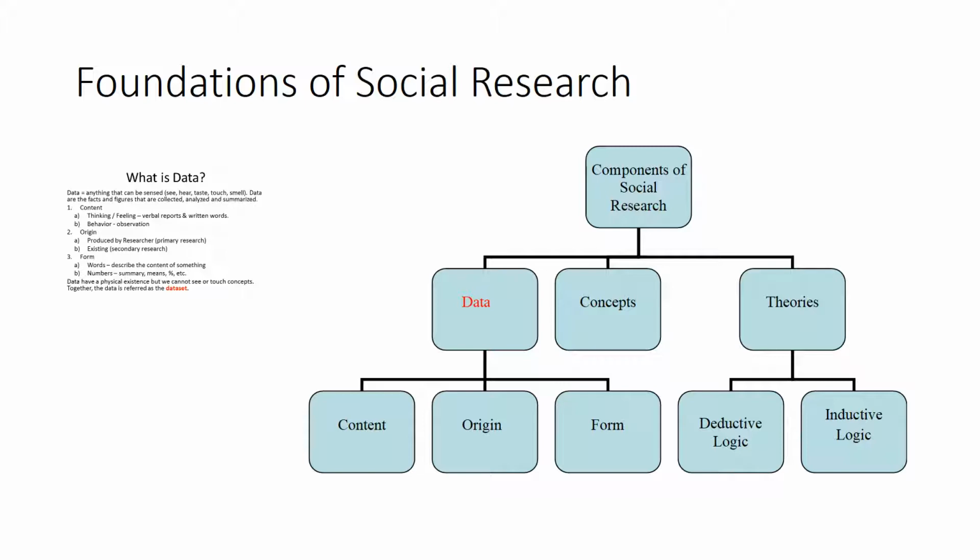And sometimes when we do research, we don't directly go and ask people how they think, what they feel, or directly observe people on the streets, because some data are already available through various websites, international organizational websites like UN, World Bank, WHO, Food and Agriculture Organization.